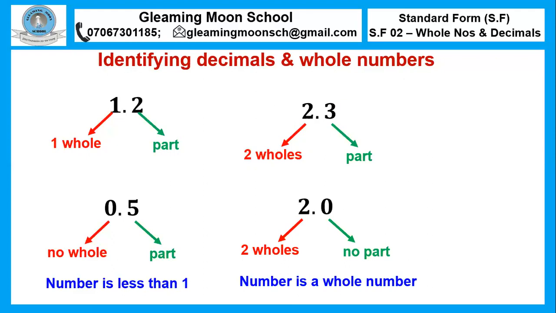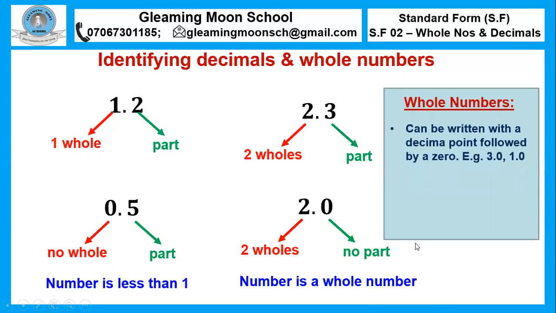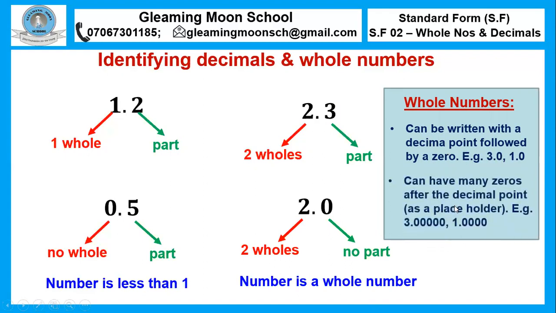And that tells us something very important about whole numbers. Number 1, they can be written with a decimal point followed by a 0. For example, you have 3.0, 1.0. And number 2, they can have many zeros after the decimal point.